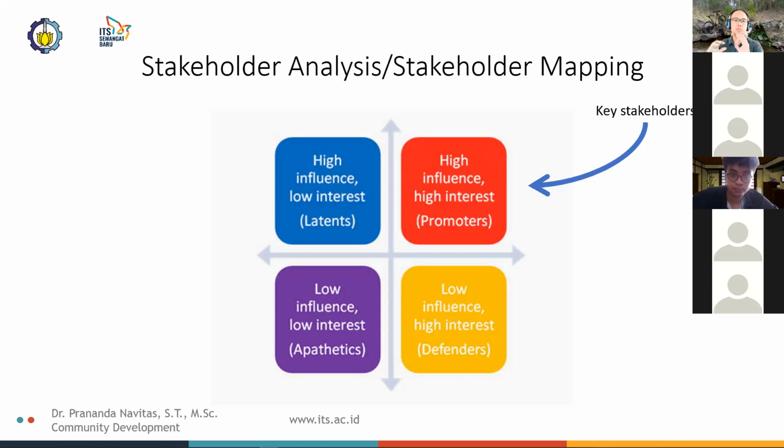People may have zero interest, or people may have 100 interest. People we've described as key stakeholders would generally appear in the upper right quadrant. Now, that's because they have high influence and they have high interest in an effort.